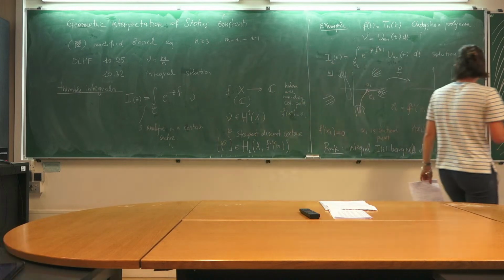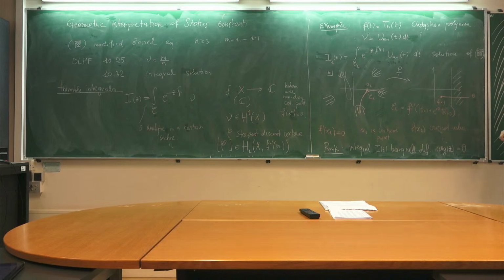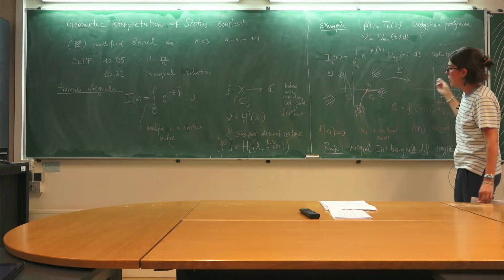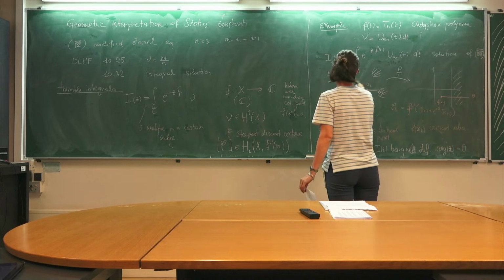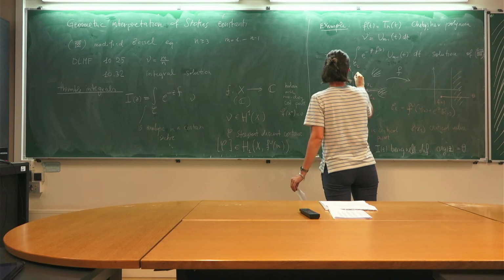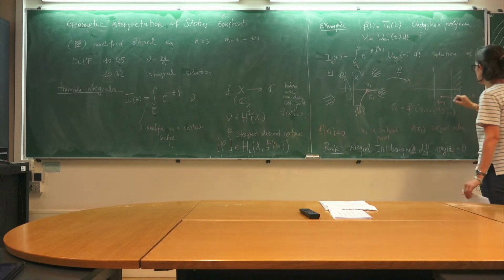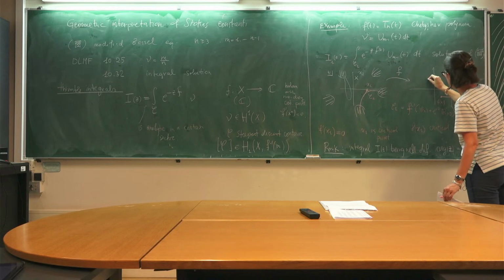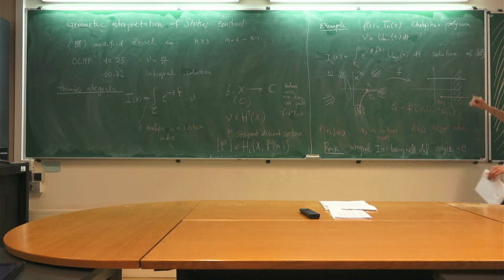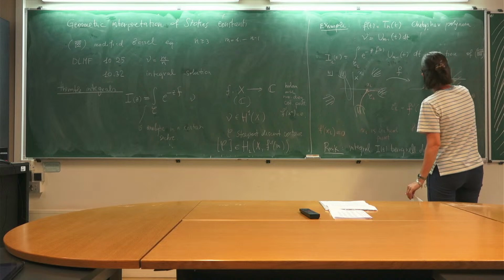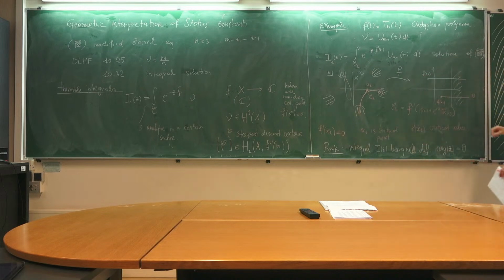Well, if you have somewhere else another critical point, so another critical value, if this is x2, which maps, let's say, here, so this is F of x2, in this direction, no problem, but you might have an issue if you take the direction that contains the F of x2.